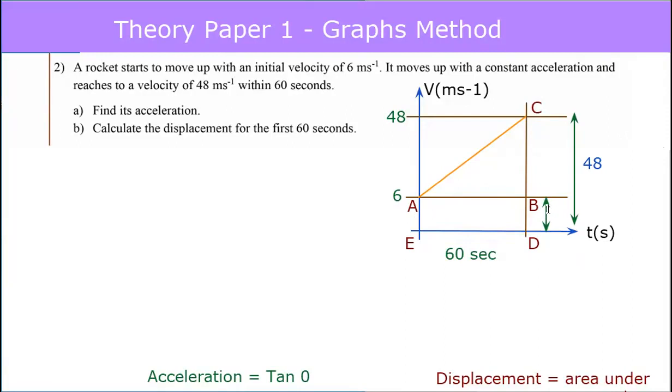So that is 6. Right, mark them there. If this is 48 and this is 6, right, the most important height: what about this height? 42. That is 42. So please mark it as 42.